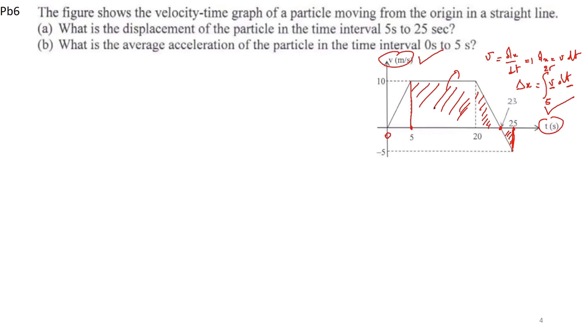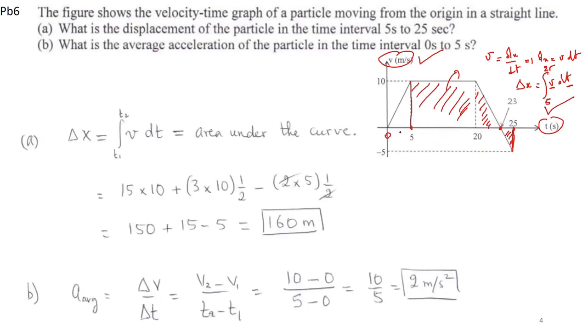So you know how to get the area of a triangle, of a rectangle. So that's it. We use that area under the curve. Which curve? V t. Between t initial, which is 5, and t final, which is 25, and of course the time axis. Okay, so this is the time axis. So the area of the rectangle is 150.